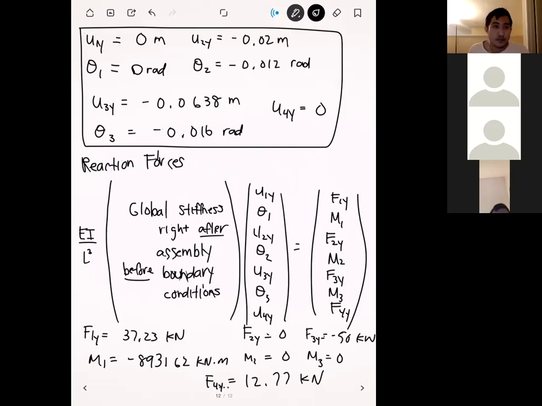Right. The spring is going to compress a bit, and so it's definitely not as strong as a pin support there. It's supporting it a little bit, preventing it from totally displacing, but it's not strong enough to really prevent it from displacing. Okay. Thank you.